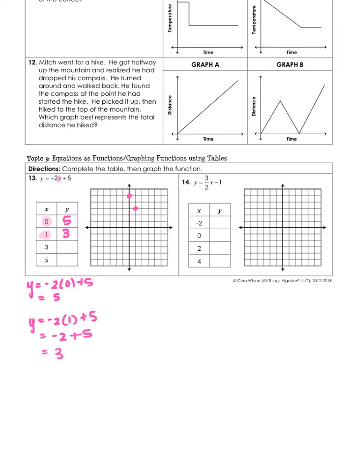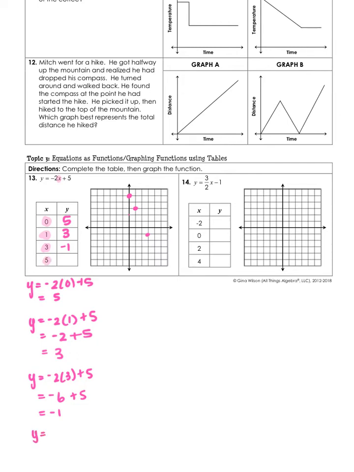All right, our next one wants us to input 3 in for x. So y equals negative 2 times 3 plus 5. So negative 2 times 3 is negative 6, plus 5 is negative 1. So we have a point at 3, negative 1. So it'd mean to go right 3 and down 1. Our last point would be to plug 5 in where x is.